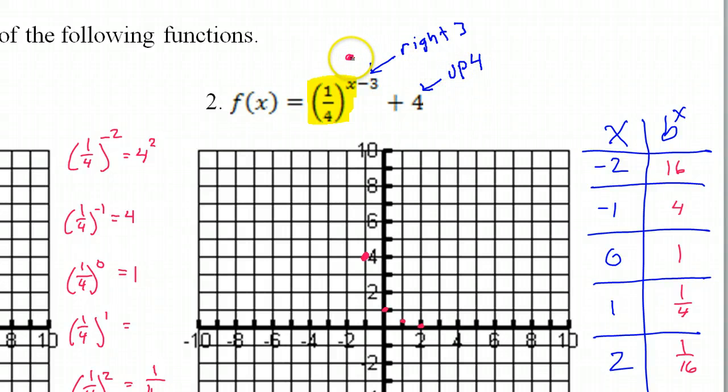This one is already off the chart, so it's going to be so far off the charts that I'm just going to ignore it from now on. But I'll do this one though. So right 3, up 4. 1, 2, 3, 1, 2, 3, 4.